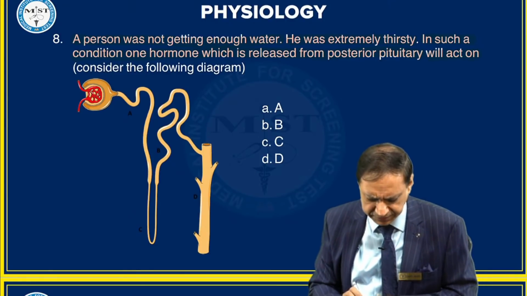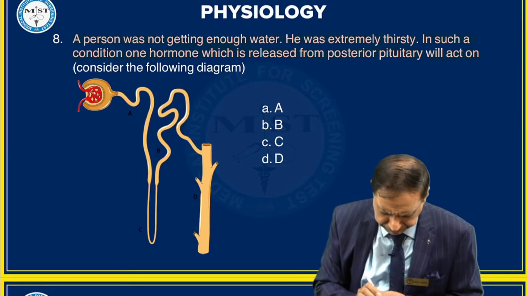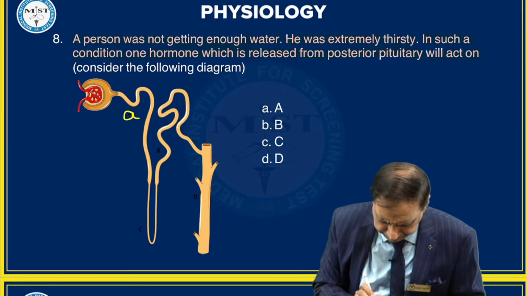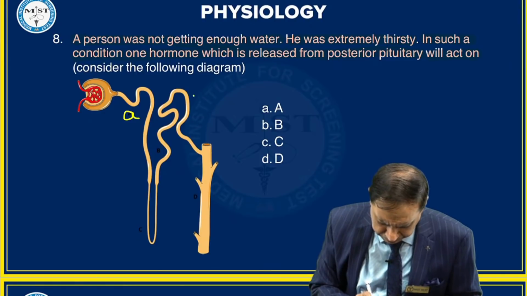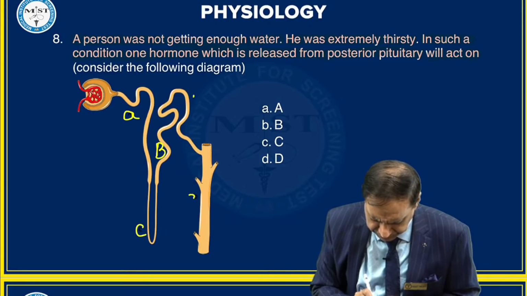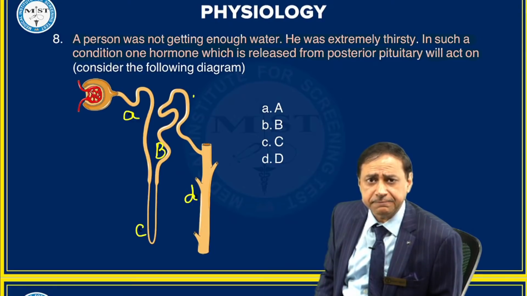This is A, this is B, this is C, this is D. Where will that act?